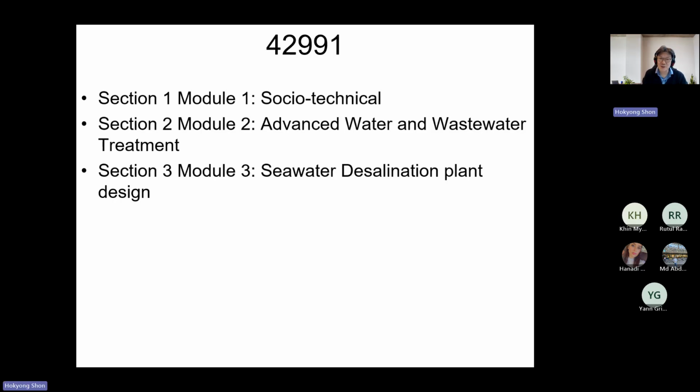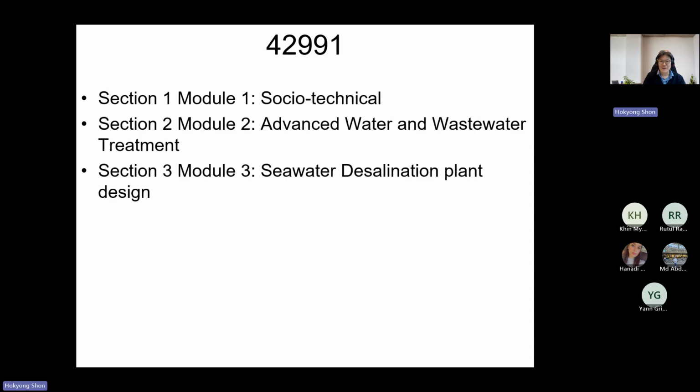And module 2 is about how we can design the wastewater reuse plan and compare membrane bioreactor system and the conventional process. So what's the difference between the conventional technology and advanced membrane technology?